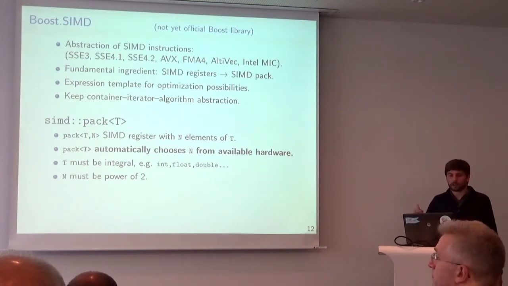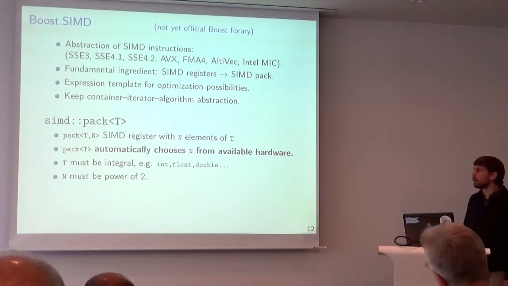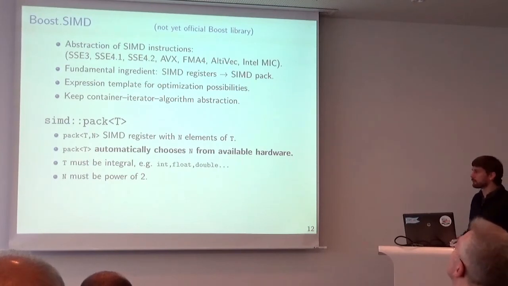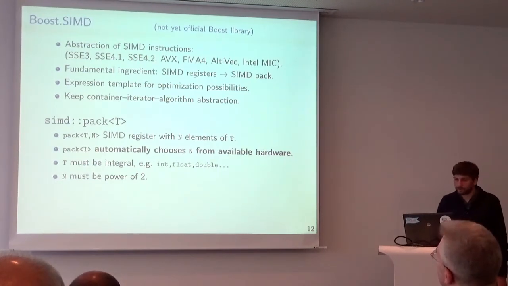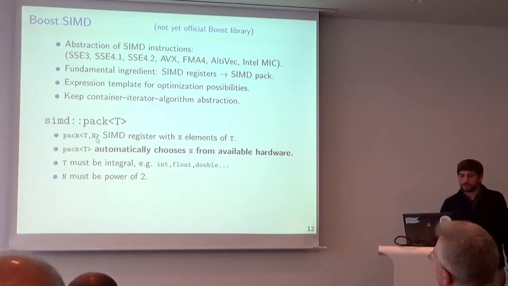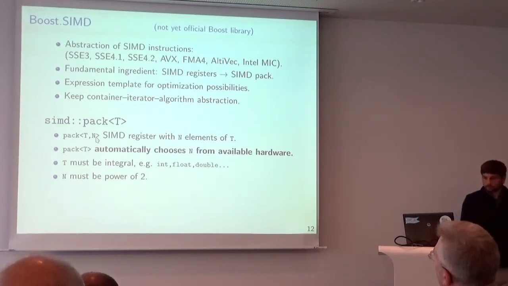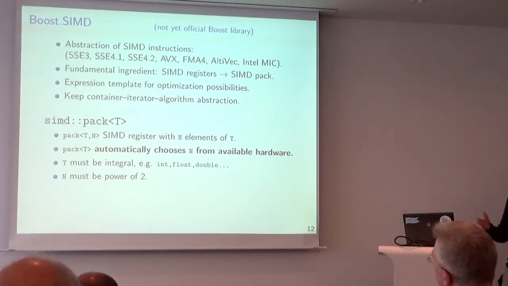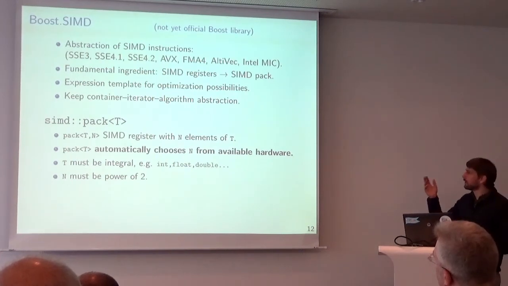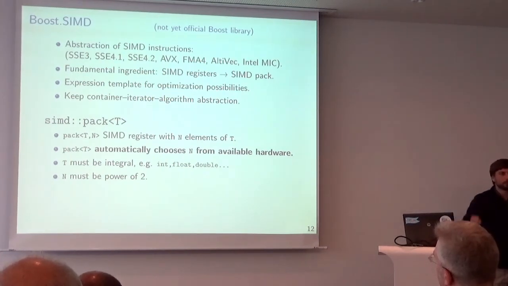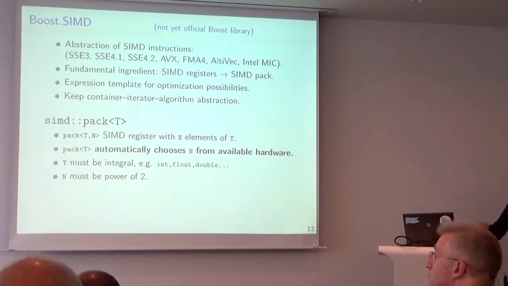Okay, the fundamental entity here, as I said, is this SIMD pack, which can be of an integer, float, double, anything that is essentially an integral type. And if you want, you can specify the size of the pack. But I don't know why you would do this, because it's actually done for you by the compiler, and it depends on the platform you are compiling for.